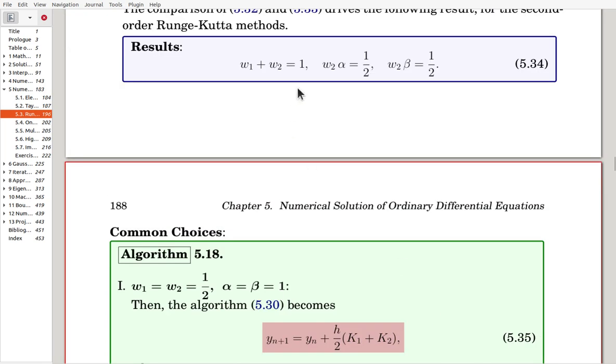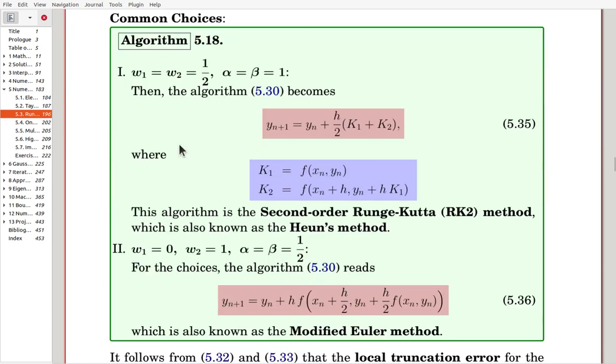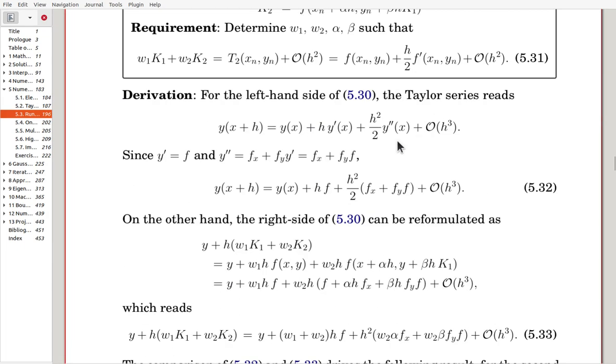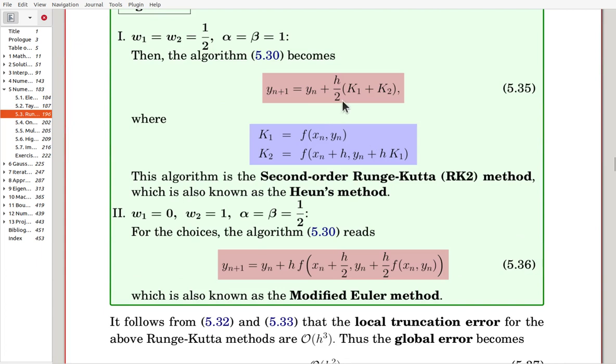For this system of equations, we can get w1, w2 is half and alpha, beta is 1. Then the algorithm starting with this formulation can be written in this way. So k1 is the evaluation at the beginning point of the subinterval x n to x n plus 1.